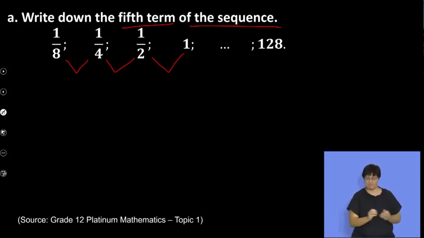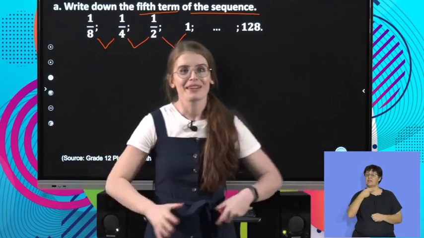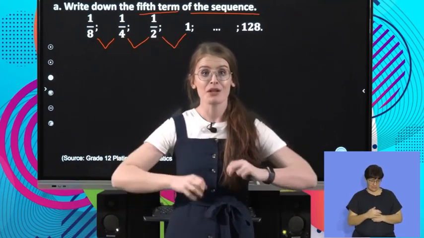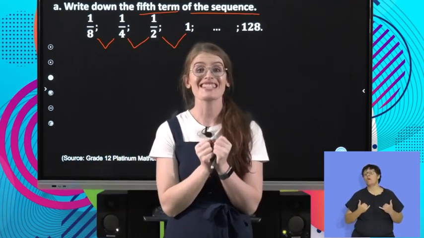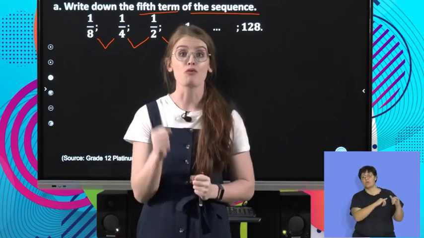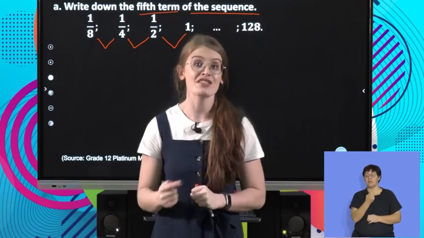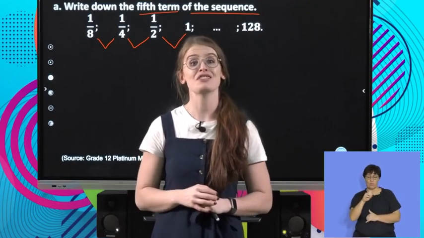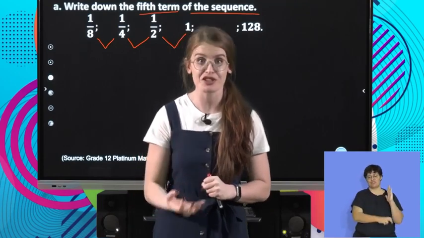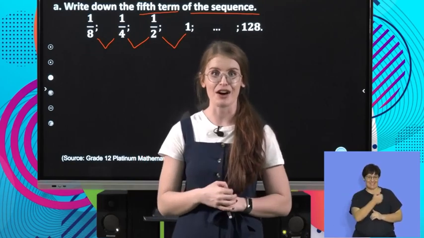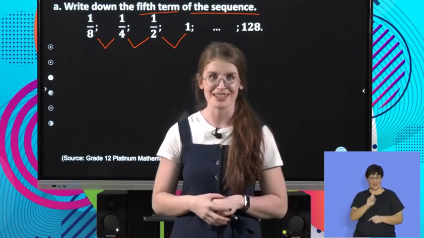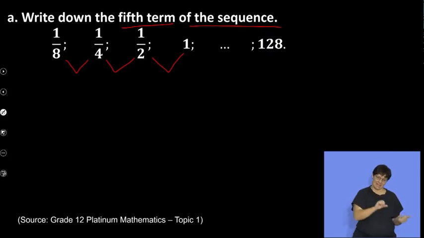And a common difference is the main property of an arithmetic sequence. Cool. I hope that everyone's still with me. We are going to be looking to see if there is a common ratio between the terms of the sequence. If there is a common ratio, then we can use the rules of a geometric sequence to continue answering these questions. Let's go back to the board.